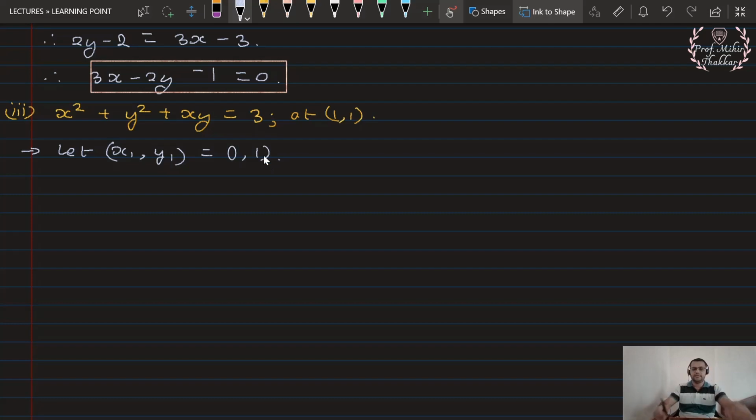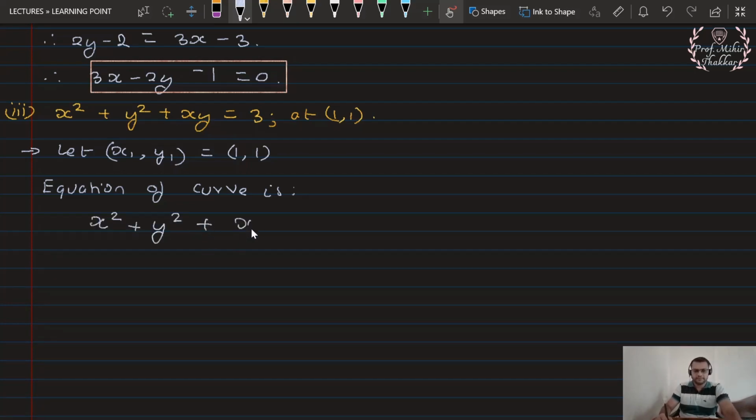Then we say that the equation of the curve is x square plus y square plus xy is equal to 3. Now like we did in the previous case, once again we will directly take the derivative of this particular function.